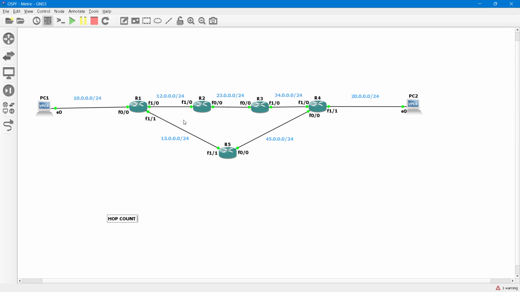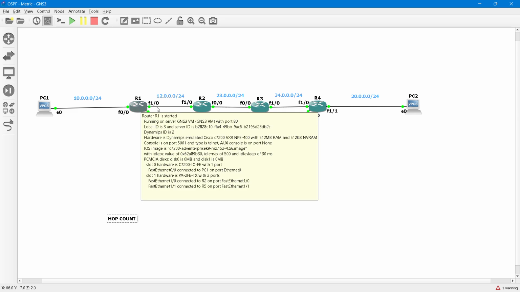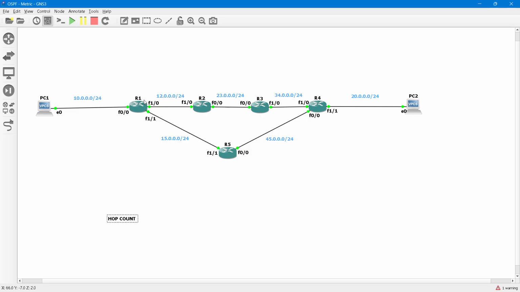If we take this way, from R1 to R2 to R3, this is where we reach the network. It takes 3 hop count. It is 3 hops away. This is the first path.